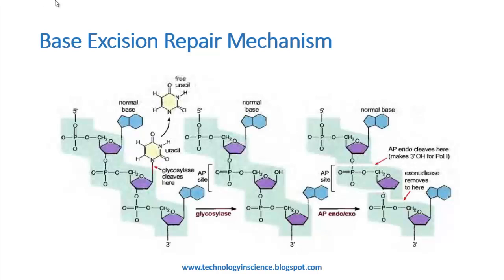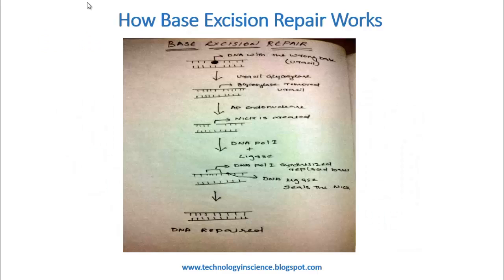Here the AP endonuclease will come into action, and it will cleave or nick the DNA backbone so that the DNA polymerase can act upon that particular site and fill in, or incorporate, the base which was removed. Instead of uracil, it will fill in what is complementary to the other strand.